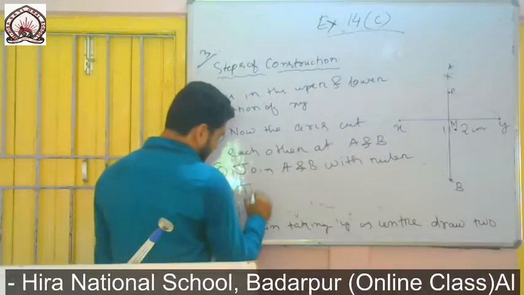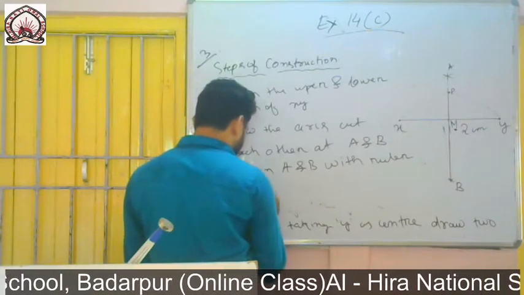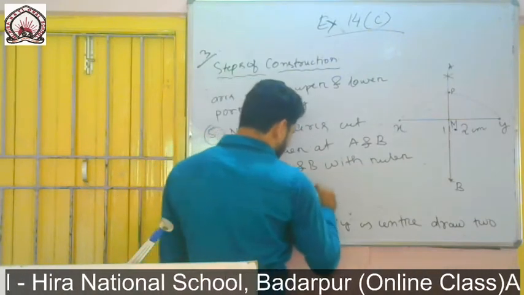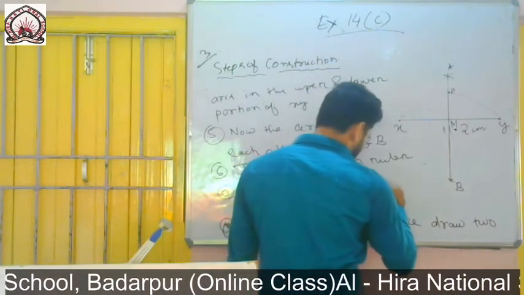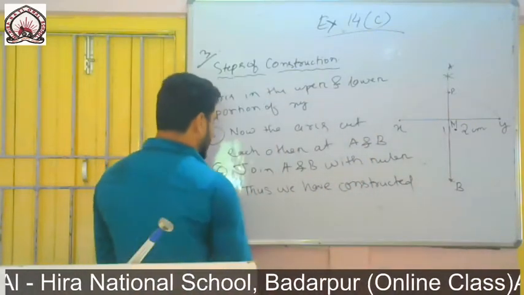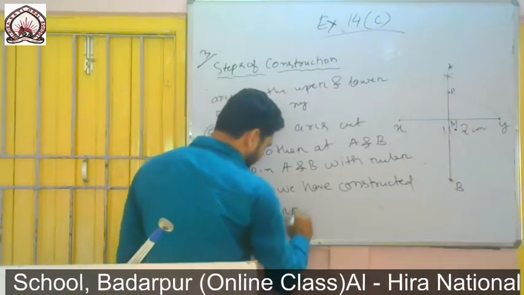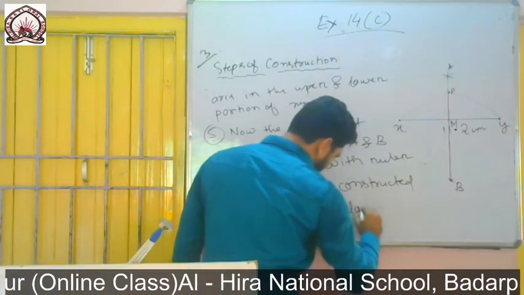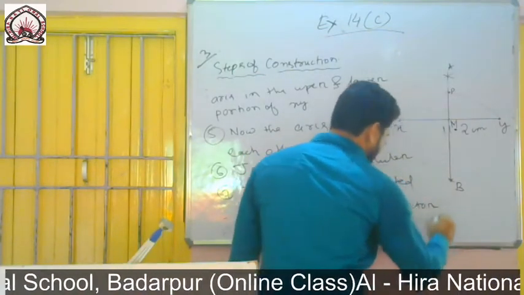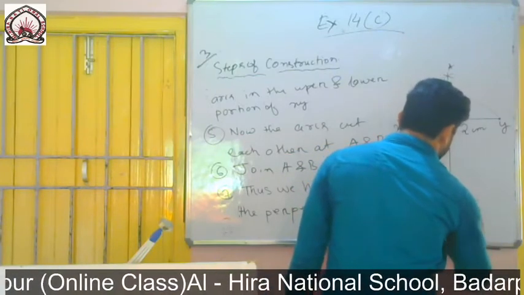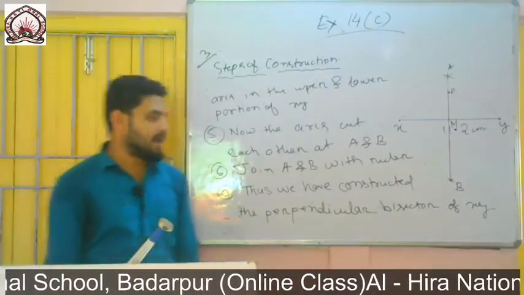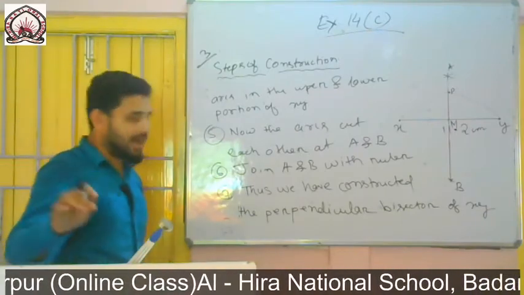Number 7, thus we have constructed the perpendicular bisector of XY. Okay, now you have to answer the first question.